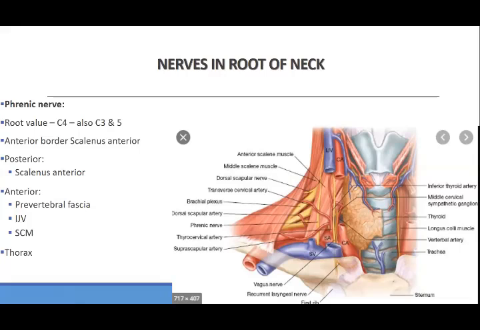So the main fibers come from C4, but it also receives contributions from C3 and C5. So of the nerves of the cervical plexus, it is C3, C4 and C5 that form the phrenic nerve.